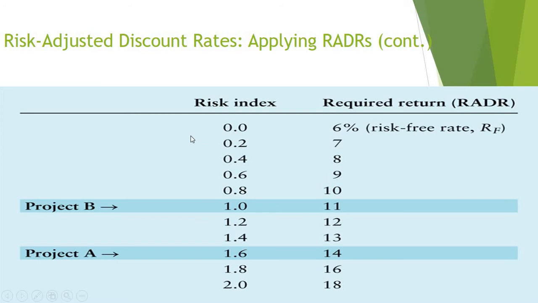So based on the risk index, which is 1 for project B, the required rate of return for project B is 11%, and the required rate of return of project A is 14%, which is based on the risk index of 1.6 for project A.